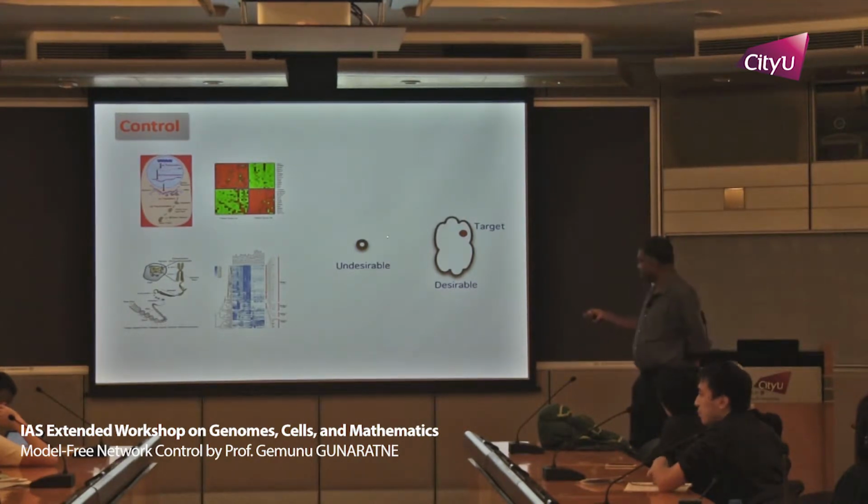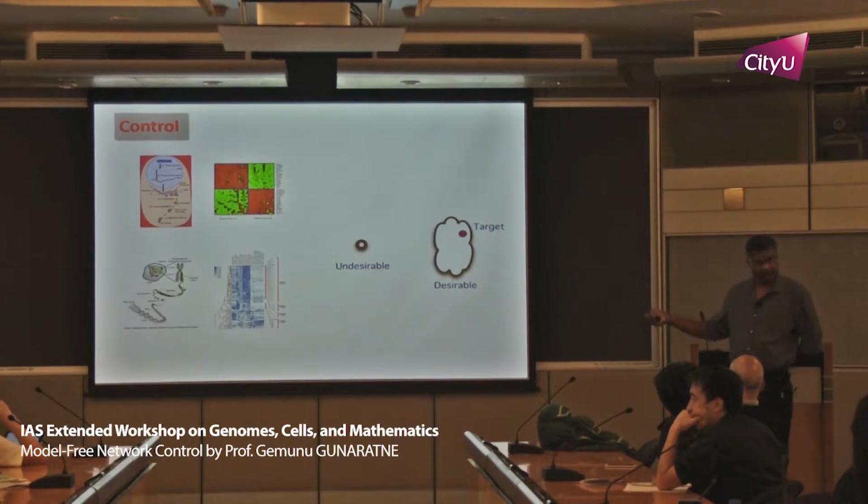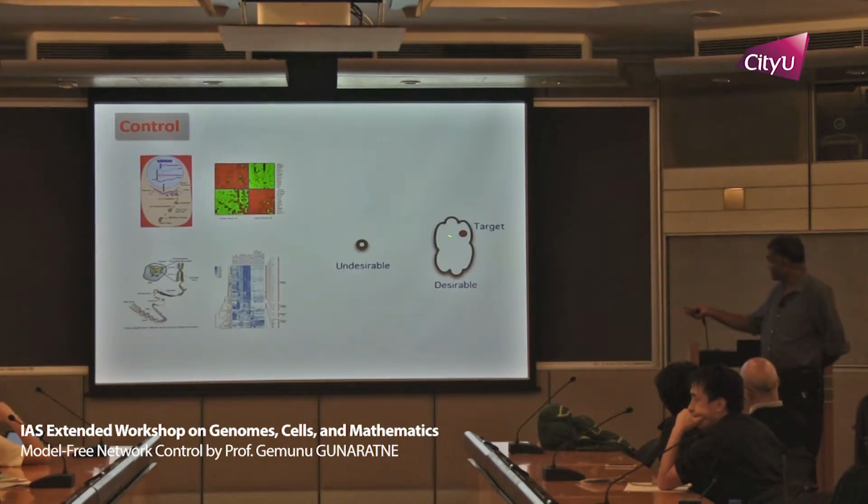That's the question. So there's some undesirable state, which in this case is the addicted state. In this case, it's a cancerous state. So can you design a therapy to get it back to a target state? A target state meaning the non-addicted state, or maybe a normal state in the tissue rather than the cancerous state.